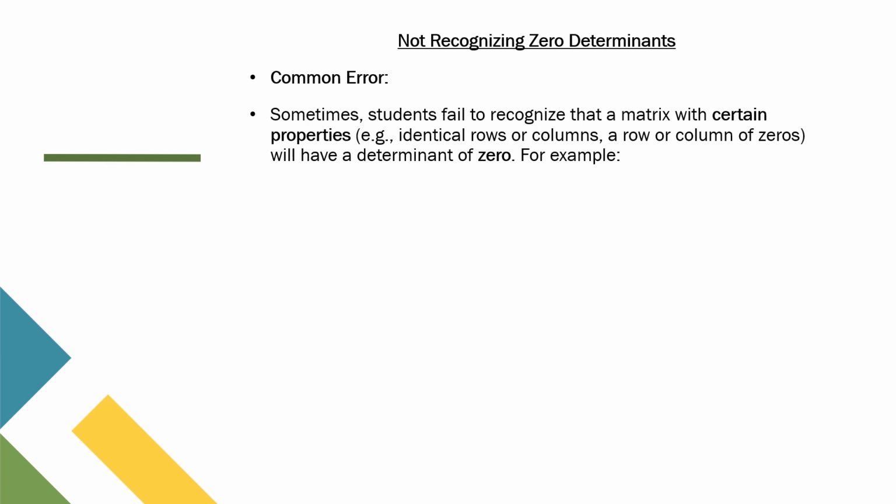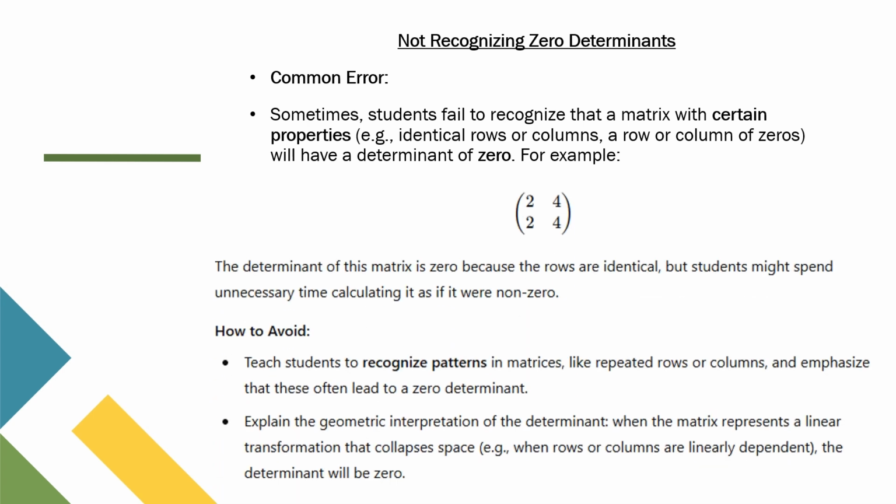Another error is not recognizing zero determinants. The common error is that sometimes students fail to recognize that a matrix with a certain property, for example an identical row or column, or a row or column of zeros, will have a determinant of 0. So for example, you have 2, 4, 2, 4.